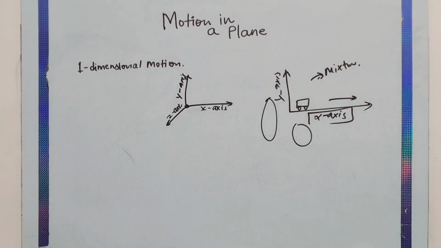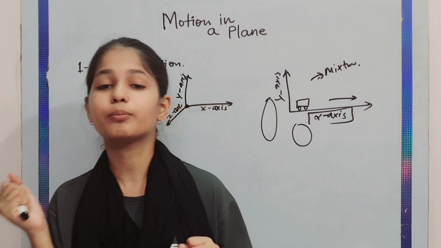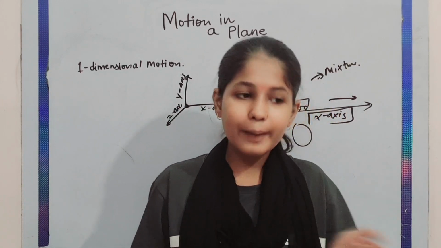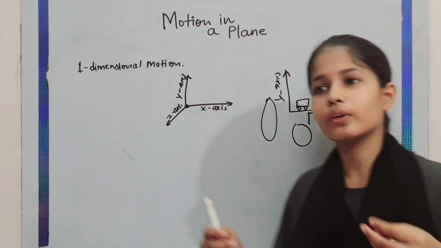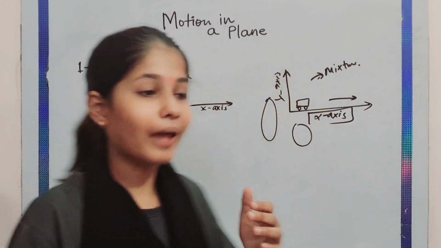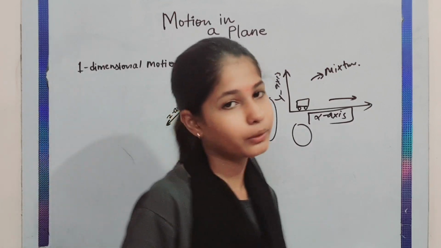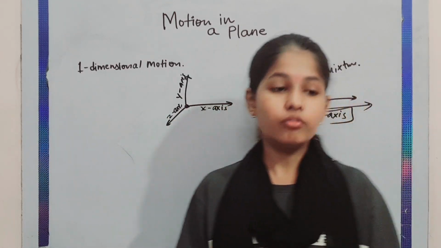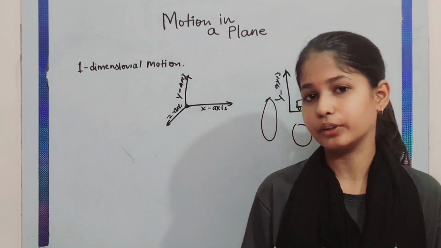I hope till now you have understood the x-axis, one-dimensional, two-dimensional, and three-dimensional examples. So this was all for your starting information. As in my motion in a straight line, I hadn't made you understand what exactly one-dimensional motion, two-dimensional motion, and lastly three-dimensional motion are.